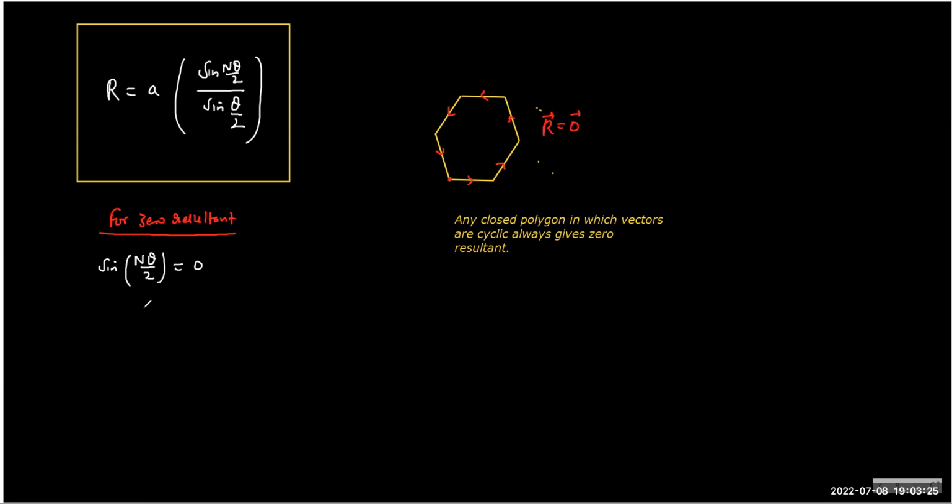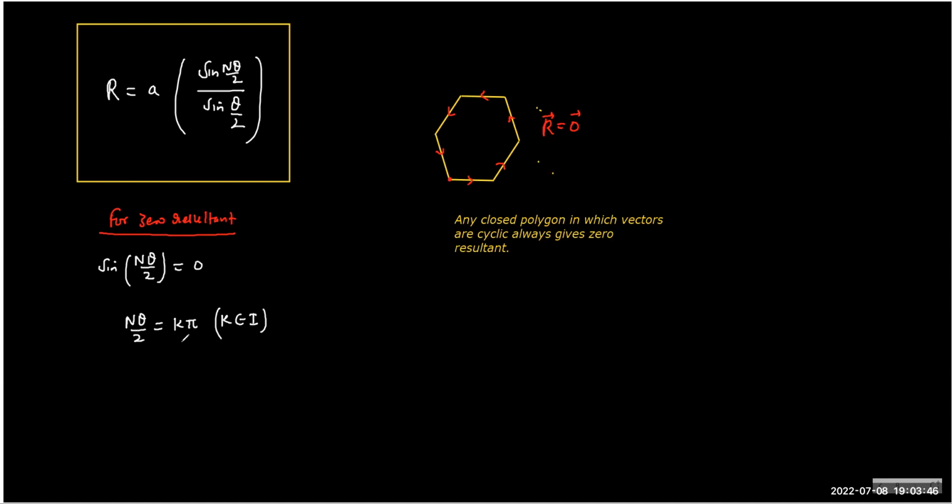Or the angle is pi, or 2 pi, or 3 pi, or 4 pi. In general, this is only possible when this is some integral multiple of pi, where k is some integer.